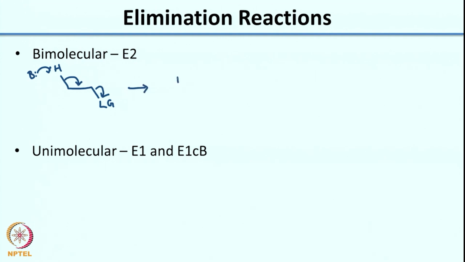So, what you end up generating would be again, if you notice here, I have maintained the charge balance. I started with a neutral molecule and the net charge is maintained.